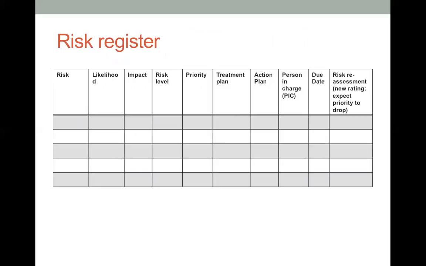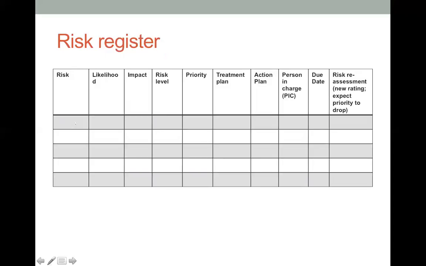This is a risk register table. We must create this and deliver it for our assessments. You can also refer to the templates that you can download from the portal.